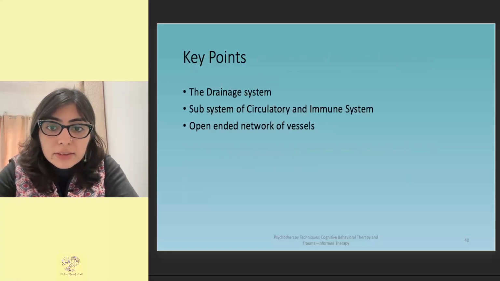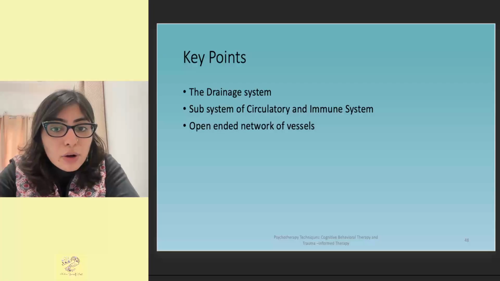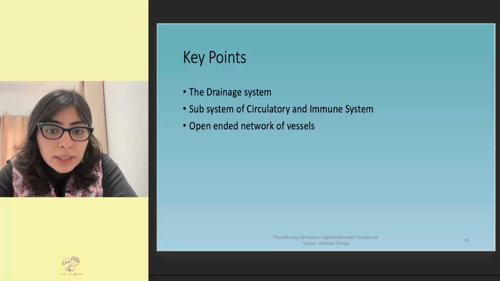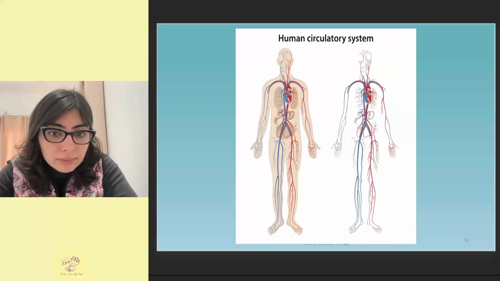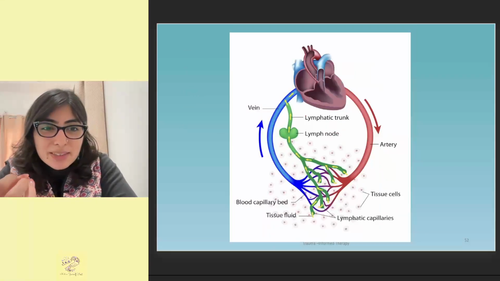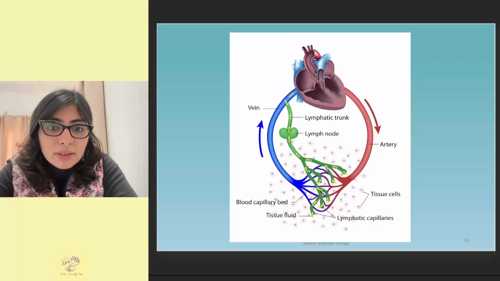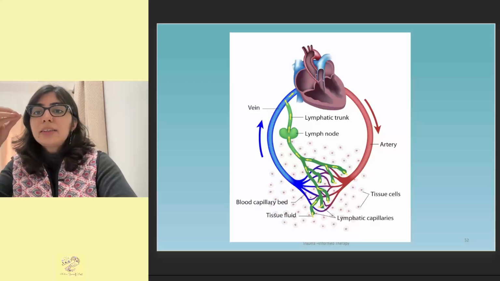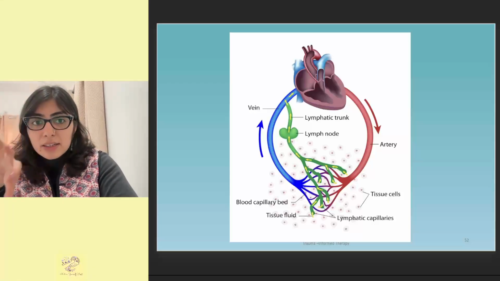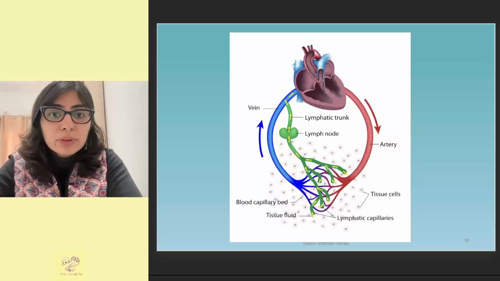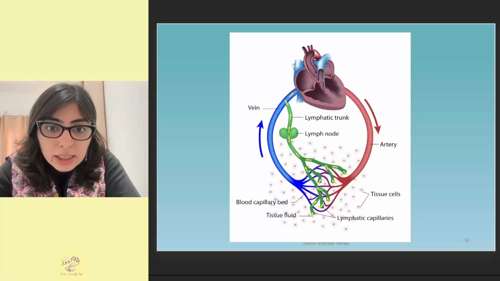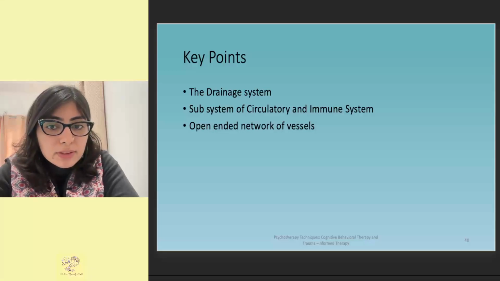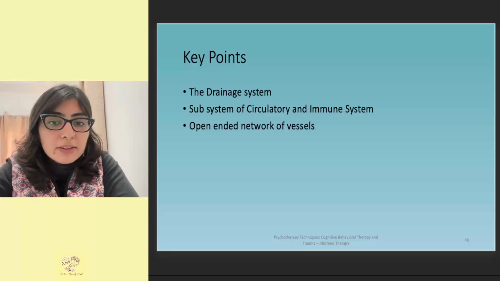You'll understand later. Key points: it is called the drainage system. Why? Because the veins, the blue pipe, take up the blood, but whatever dirty blood remains, the lymphatic vessels take away, just like dirty water is taken away through the drainage pipe to the gutter. Similarly, lymphatic vessels work. It is a subsystem of the circulatory and immune system, an open-ended network of vessels.